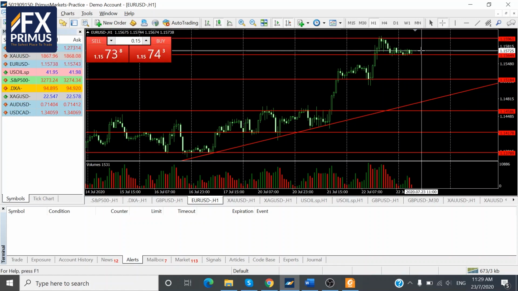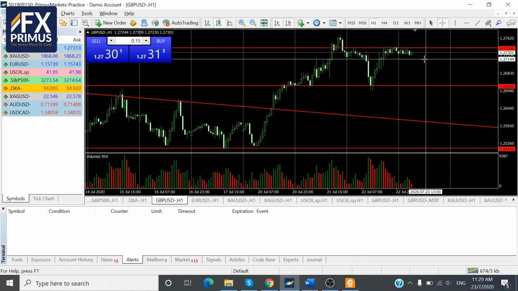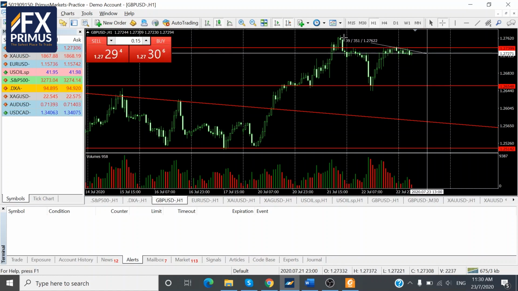So to the downside, we are looking for about 55 pips down, and to the upside, about 25 pips up. So just now we were mentioning the UK pound, similar story. To the downside, we are looking at about 66 pips down, and to the upside, to the recent high, about a 38 pips movement up.